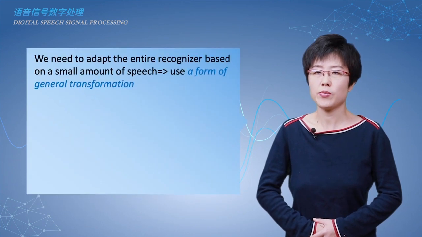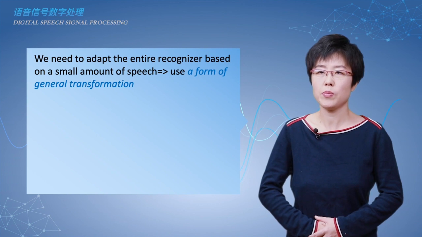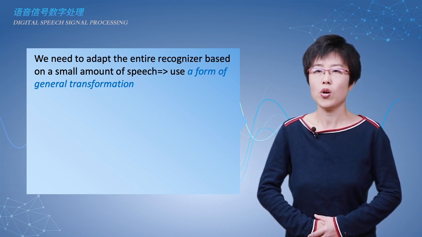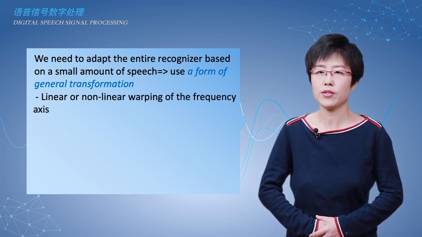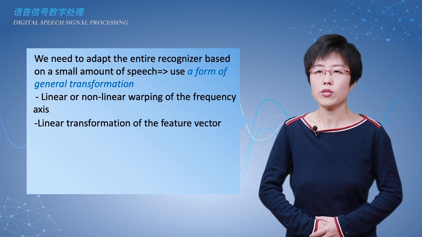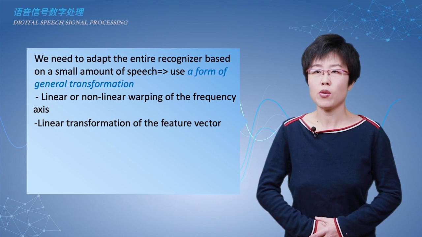We need to adapt the entire recognizer based on a small amount of speech by use of a form of general transformation, such as linear or nonlinear mapping of the frequency axis. Linear transformation of the feature vector, that's to say multiplying by a matrix.